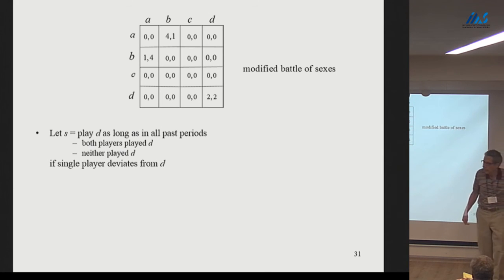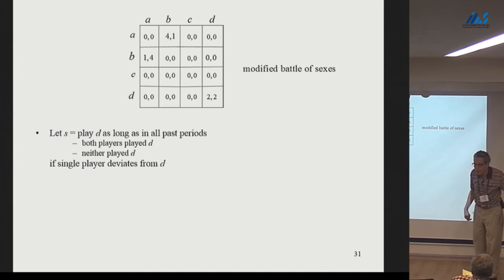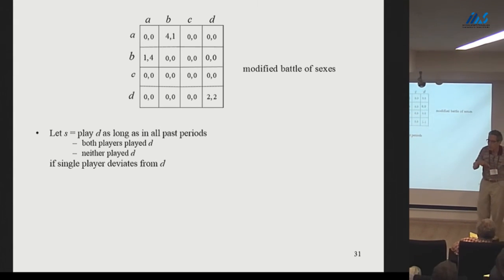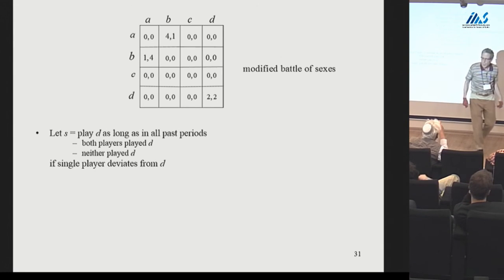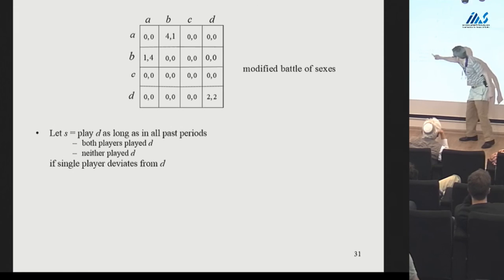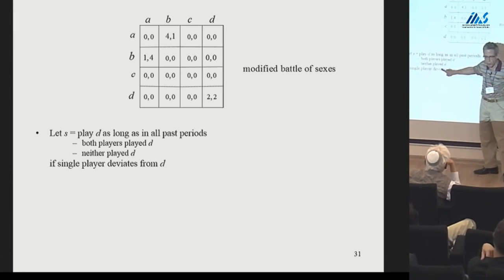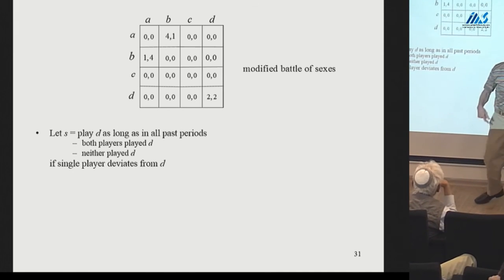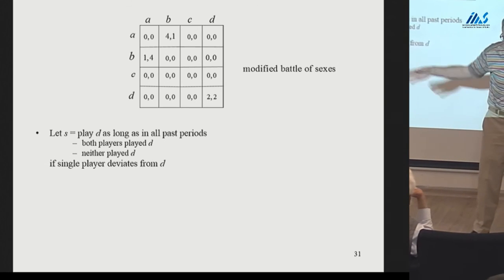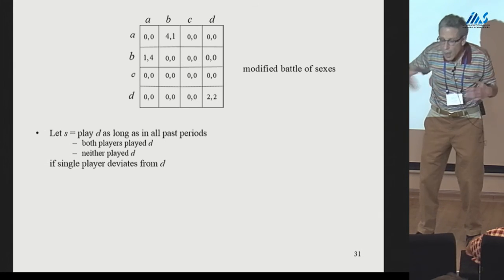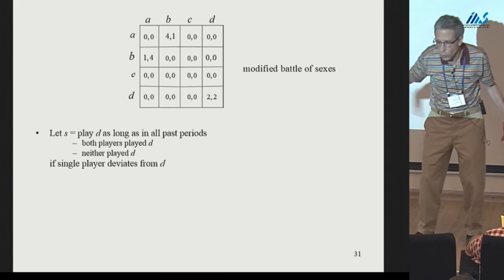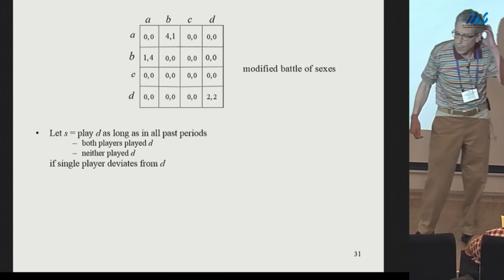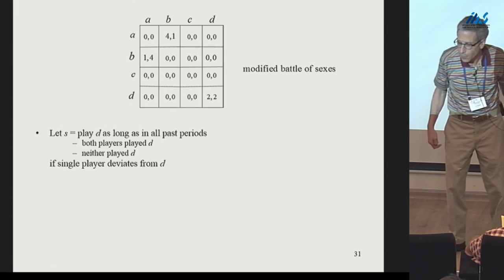So 2-2 is not strongly efficient. That's right. But this strategy is evolutionarily stable because say you wanted to invade this population. Well, on the equilibrium path, you would have to do the same as S. Otherwise, you would be killed, right?